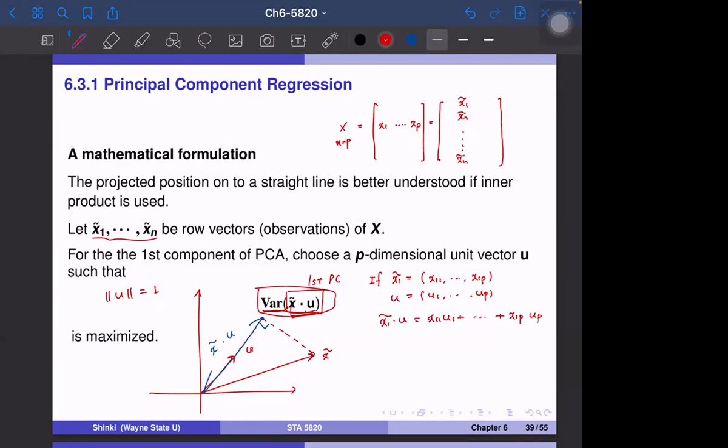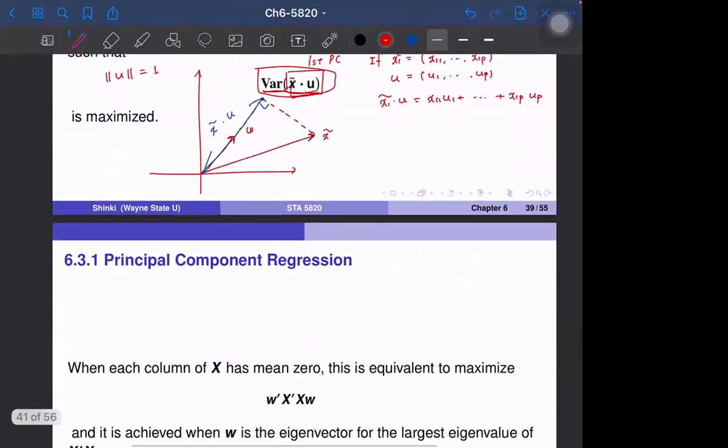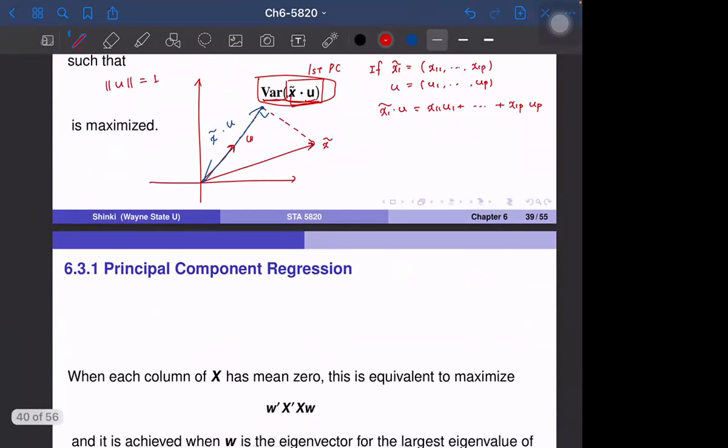So we have to choose u such that this is maximized. Usually we assume that x has mean 0. Each column of x has mean 0. So this is equivalent to maximizing this quantity.